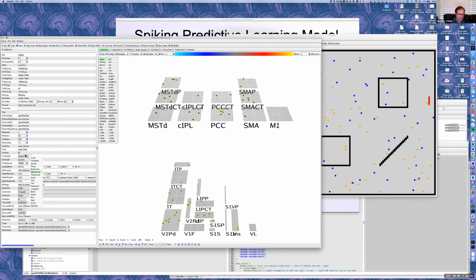One thing that's been taking all my time recently is developing a model here that actually uses discrete spiking. So we're actually doing this error-driven predictive learning now, completely using a very standard discrete spiking model.